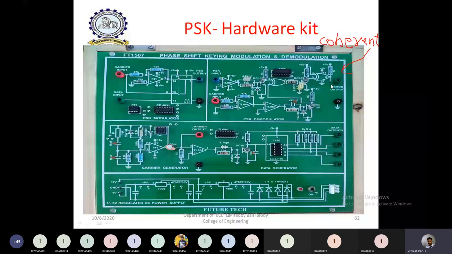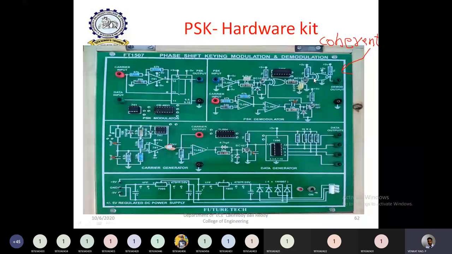So again, in the demodulation process, we have different circuits already mentioned while discussing theoretically. First, this PSK modulated signal is multiplied with this carrier. After the multiplication, a low pass filter is connected. After the low pass filter, there is a decision device. For that decision device, a logic gate or XOR gate is used here.